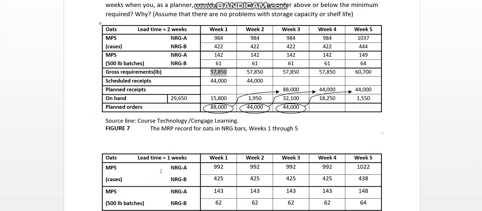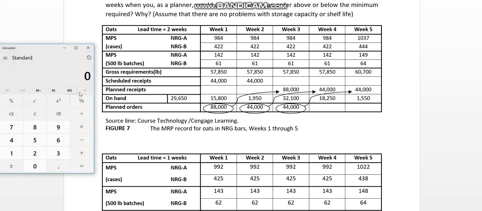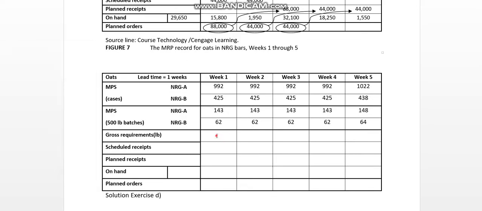This 57,000 something, how did they come up with that? So 142 multiplied by 300, because for energy A we need 300 pounds. We save it in memory, and 61 multiplied by 250, and we also save it in the memory and read the memory, and we have the same number, 57,850.